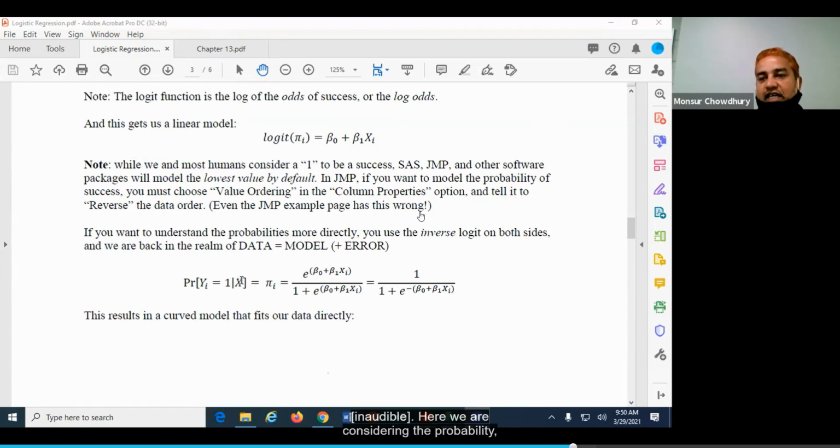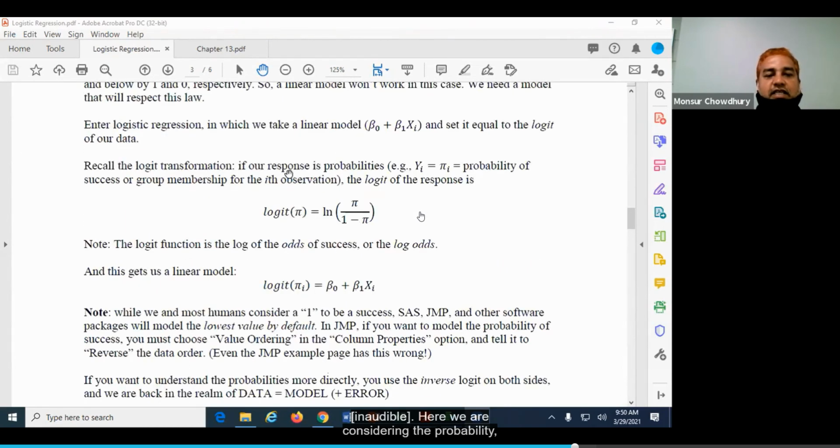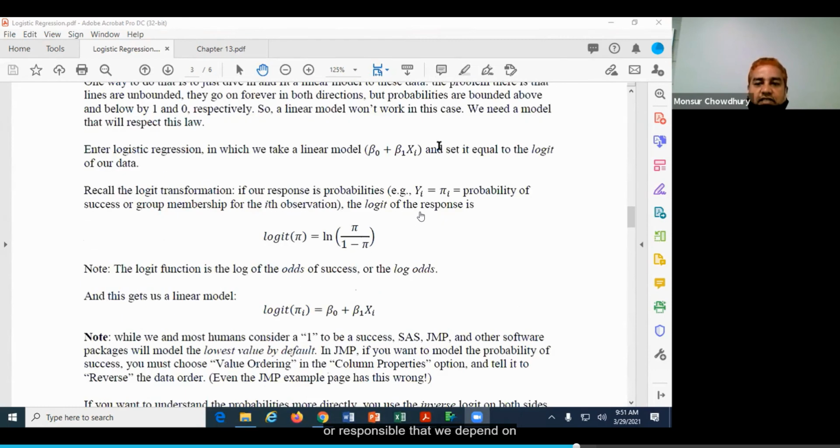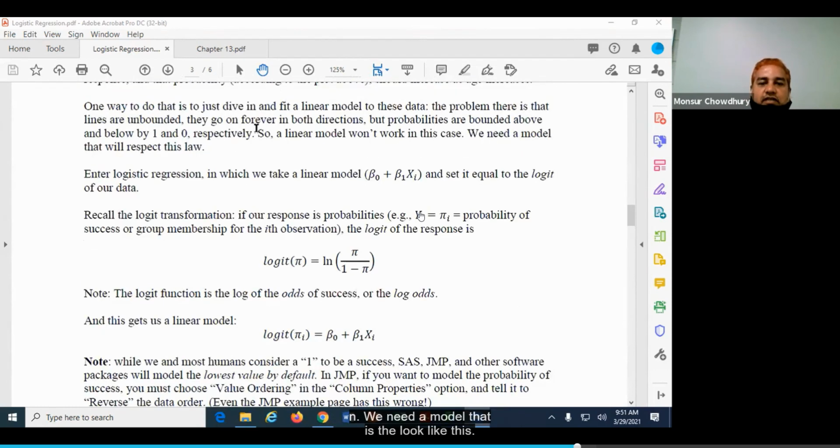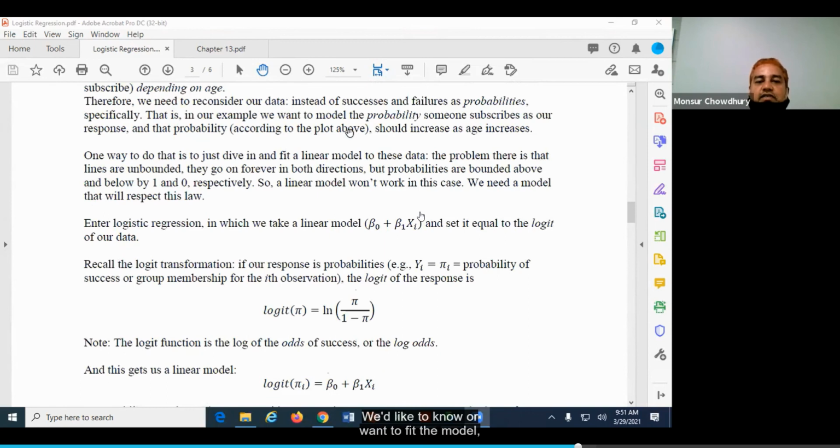What is x here? The age. So here we are considering our response probabilities as depending on x. We need a model that looks like this: we want to fit the model for the probability that someone subscribes to a newspaper, and that depends on the age.